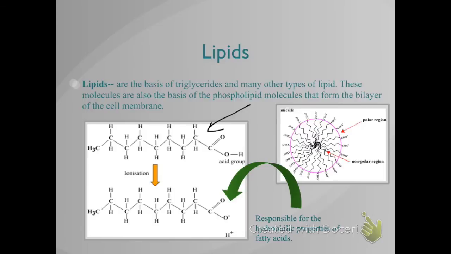And then we've got the carboxylic acid group here on the end. So these lipid chains can bind together to form complex lipids, such as the one that you see here, or lipids known as triglycerides, which I'll show you in a moment.